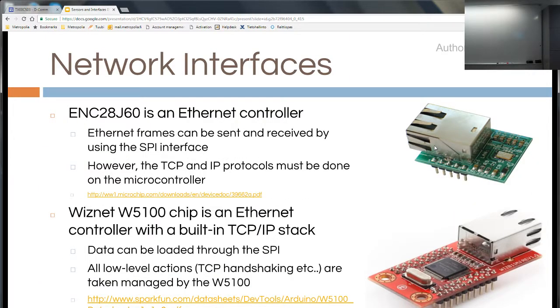Then some network interfaces. Plenty of these are available. If you really need to make a device that plugs into the wired net, such devices are available. This is definitely the easiest way to get connected to small processors like that, where you really don't want to have the IP stack yourself.